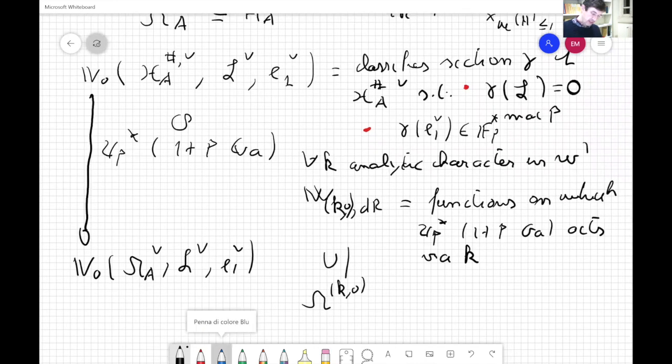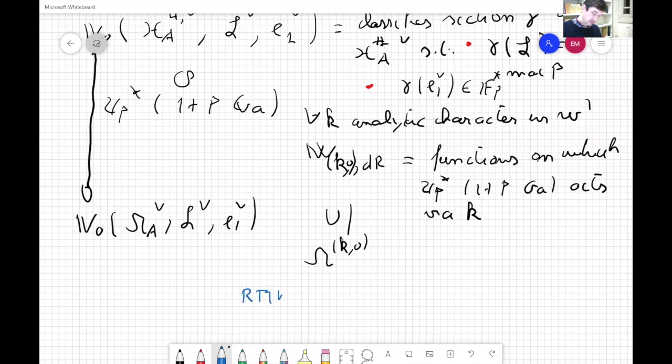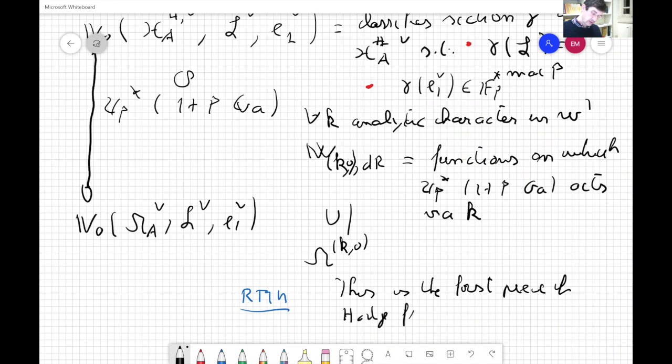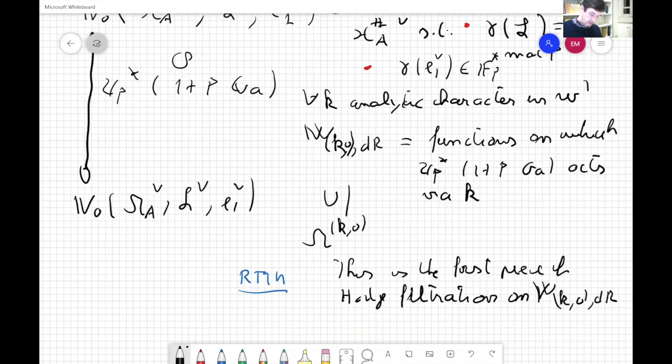And in fact, this is only the first piece of the Hodge filtration on this WK0 de Rham, but it will play an important role.